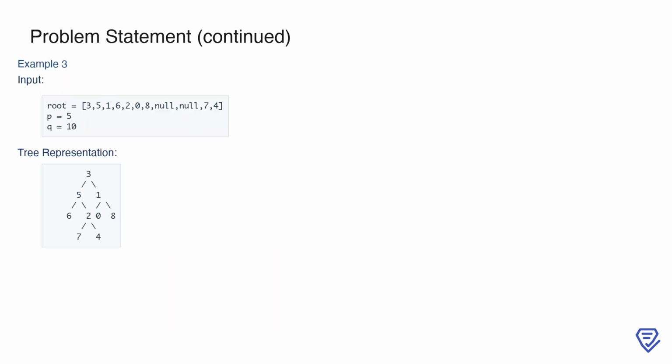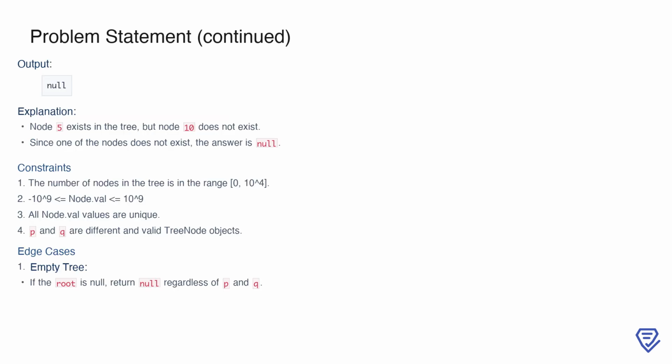Now, let's take a look at another example where one of the nodes does not exist in the tree. The tree structure remains the same, but the nodes we are checking are 5 and 10. While node 5 exists in the tree, node 10 does not. In this problem, when one or both nodes are missing from the tree, the output must be null. This ensures that the algorithm handles invalid nodes appropriately and only returns an LCA when both nodes are present in the tree.